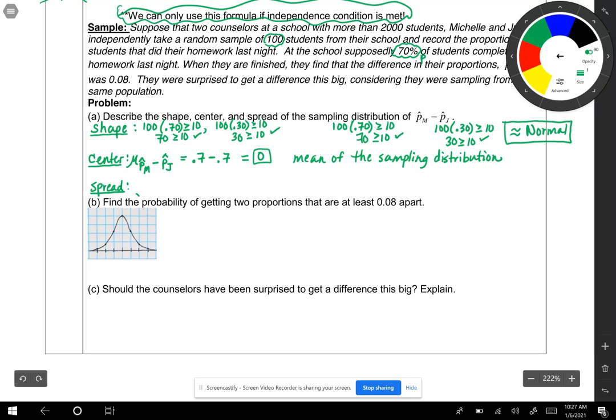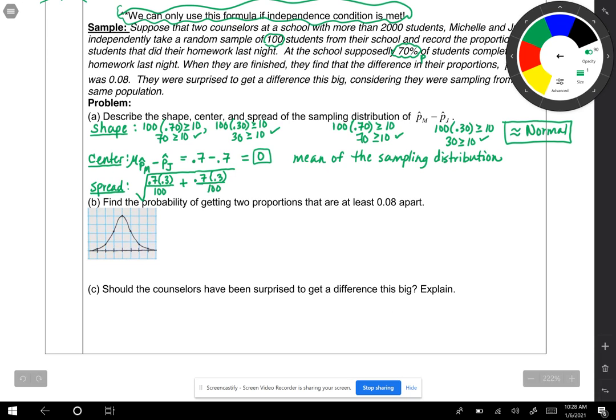So the formula, we have 0.7, so p times 1 minus p over the sample size, 100, plus the second group is 0.7 times 0.3 over 100. Numbers are really nice for this particular problem.